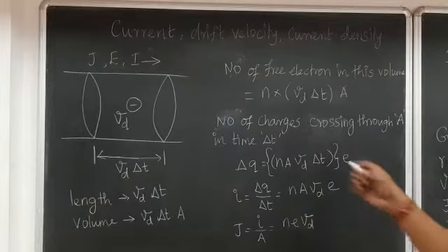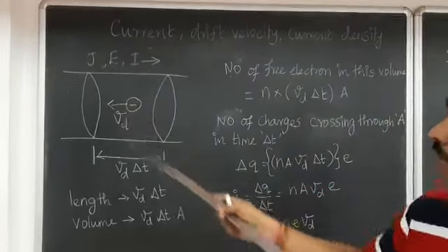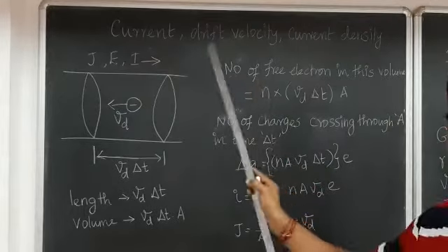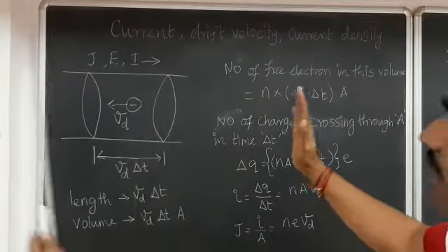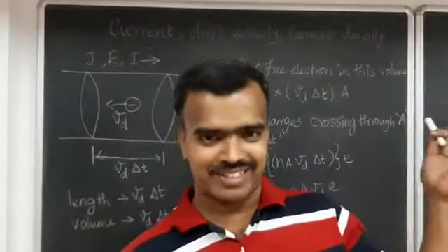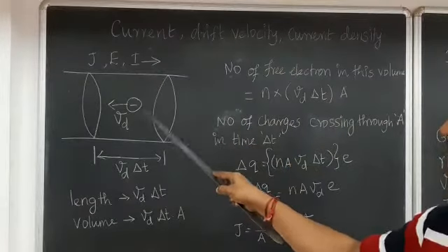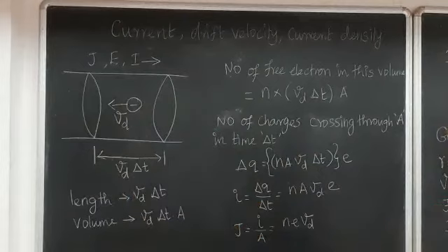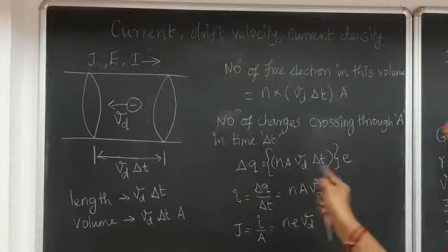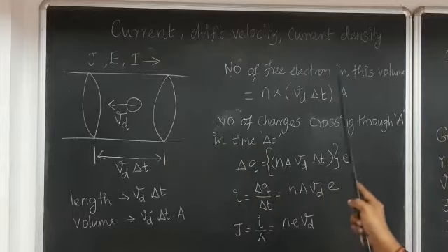This electron will shift in this direction, because here I indicate the electric field is applied towards my right side. Since the electric field is applied in this direction, the electron will go the opposite direction. If the electric field is going this side, similarly the current and the current density will also move this direction.